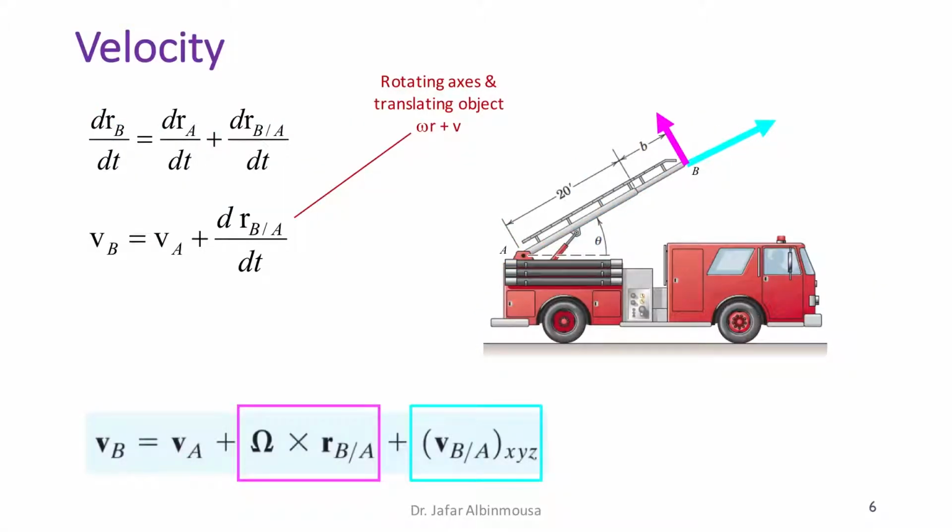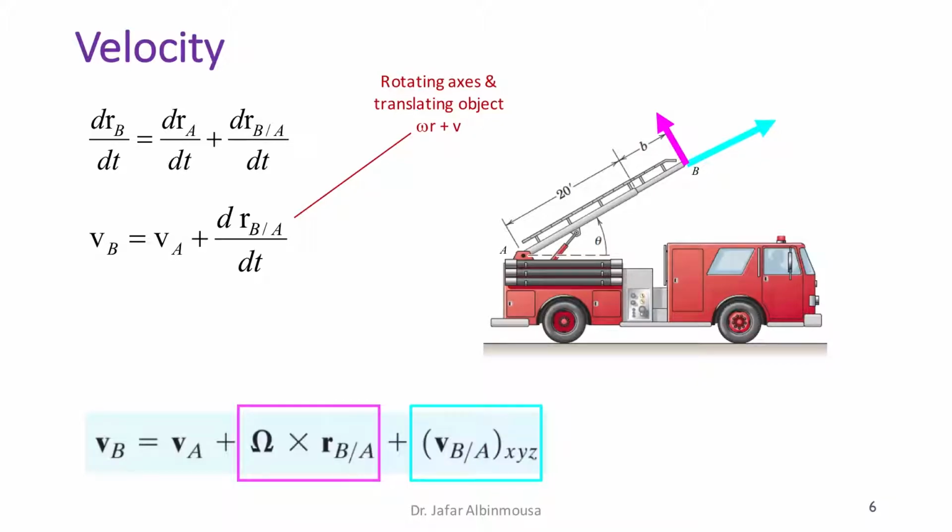So in this slide, I'm just showing you what we did, but I'm trying to illustrate the directions of these new components that we are not familiar with. Omega cross RB with respect to A is going to be a component of the velocity acting in this direction, while the velocity of B with respect to A measured with respect to x, y, and z is the velocity acting in this direction.